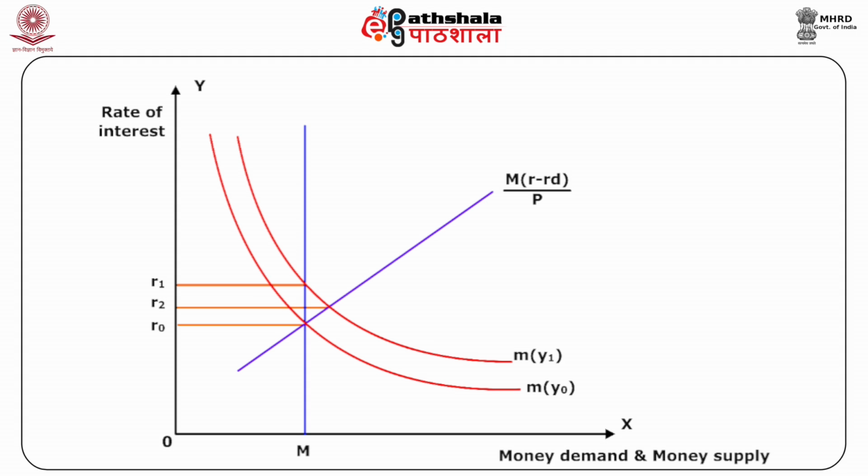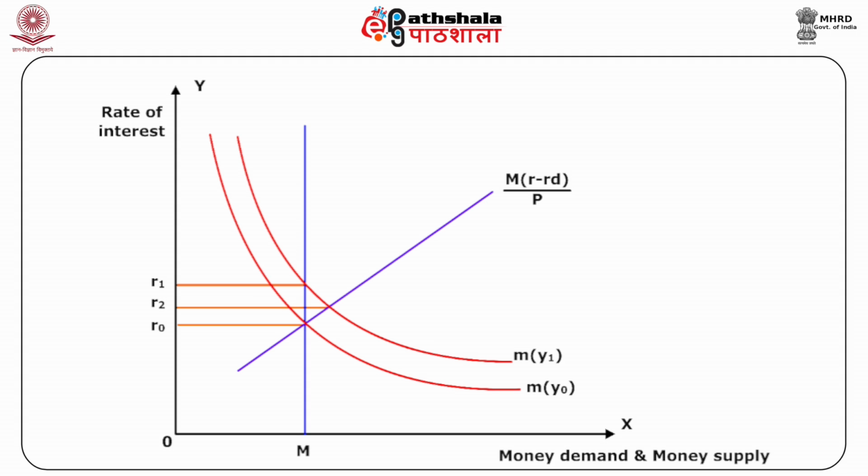In the case of an endogenous money supply function, the rate of interest is restricted to R2, which is less than R1. This gives us a hint that if we are talking about the relationship between the level of income and rate of interest, then we are actually deriving the LM function. So this is a precursor which tells us that if we look at the derivation of the LM function, we could expect that the LM function would be more sensitive to the rate of interest.